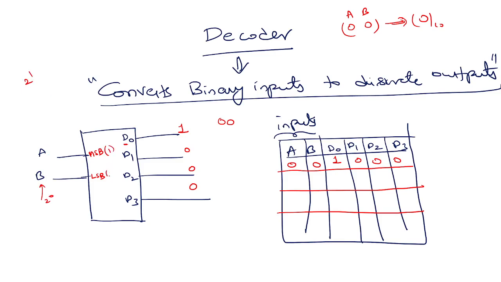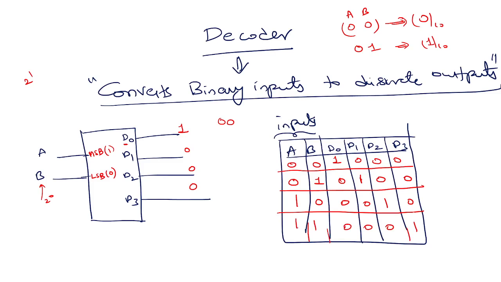So I can write the powers both ways, the same as we have seen in the case of multiplexer. Suppose I take 0, 1, conversion to decimal is 1, so D1 will be 1, remaining will be zeros. 1, 0: D2 will be 1, remaining will be zeros. If AB are both 1, 1, D3 will be 1, remaining will be zeros.